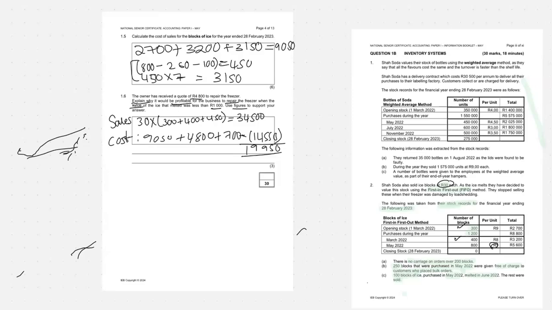Okay. So what we'll be working on next time, this was just question one, which is just inventory. What we'll be working on next time will be a question on companies' financial statements. So we'll be doing a full statement of comprehensive income and three notes. And then we'll just keep on continuing with the question.